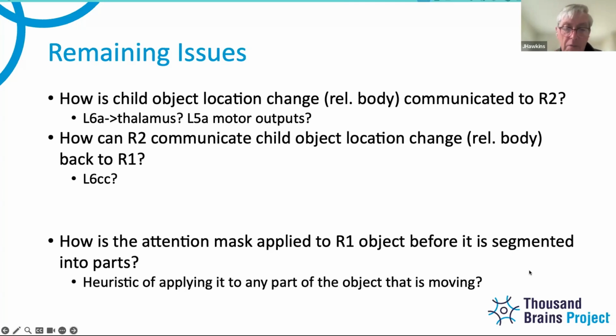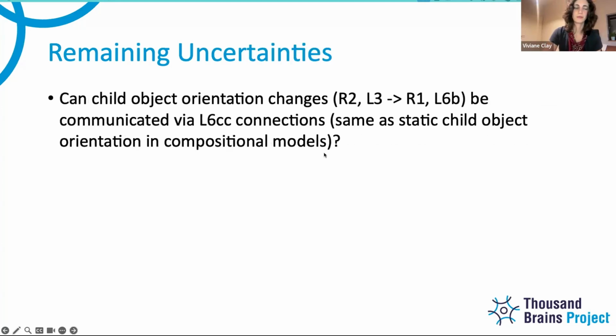All right, I want to make sure we get through all of your points. Yeah, so those are the big remaining issues I had that need a lot more thinking and could break some of these ideas. And then I just have a couple of remaining uncertainties that are more about going back into the literature to read.